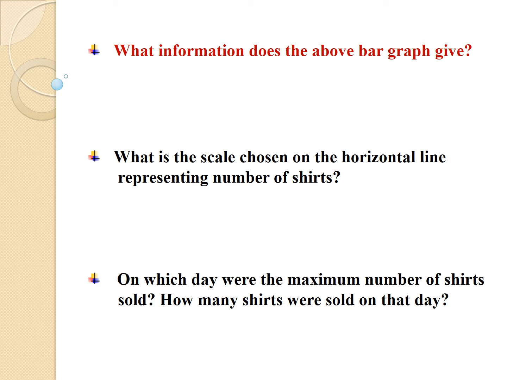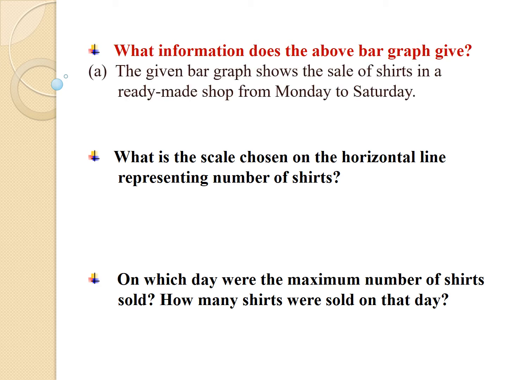This bar graph shows the sale of shirts in a ready-made shop from Monday to Saturday. Question B. What is the scale chosen on the horizontal line representing number of shirts? The scale chosen is 1 unit length is equal to 5 shirts.